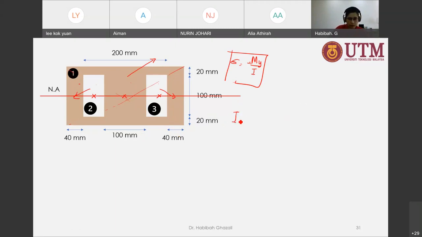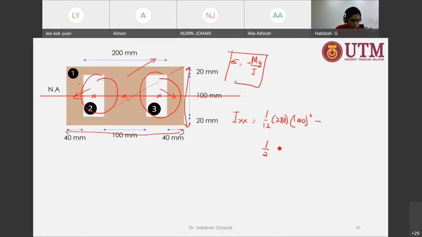So I will have Ixx equals 1/12 of this base, that's 280, times height, that's 140 cubed, and then minus, because this is being drilled out, 1/12 of the base, which is 50, and the height is 100 cubed, and that's going to be times 2 because this and this are the same.